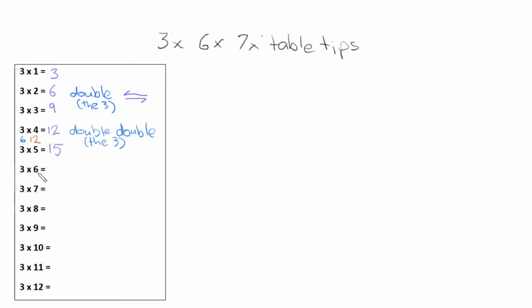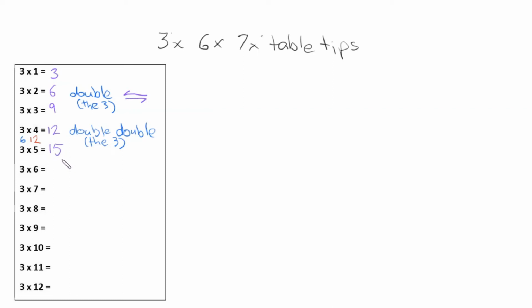3 times 6. Well, if you get to 3 times 5, you go somewhere you know. 3 times 5, a lot of people quickly remember that 3 times 5 is 15 after a bit of practice. If you go to 3 times 6, you can immediately go to 3 times 5 and think, okay, 3 times 5 is easy. I can get that answer. 3 times 5 is 15.